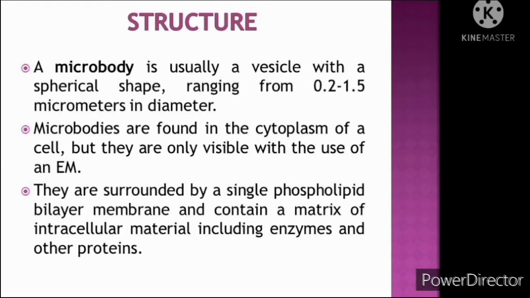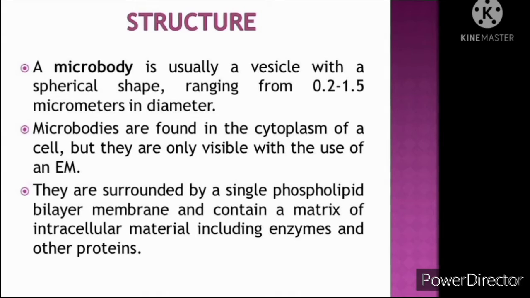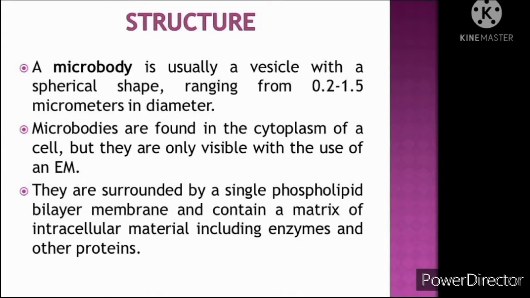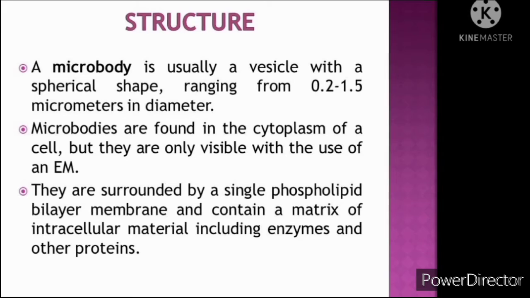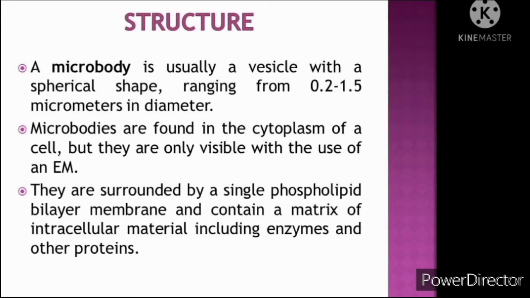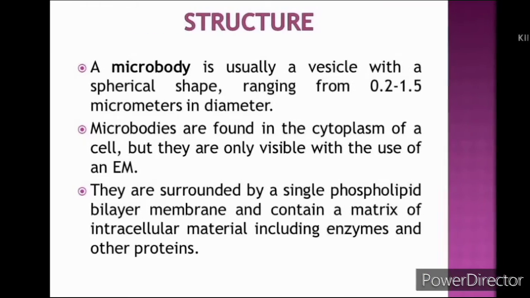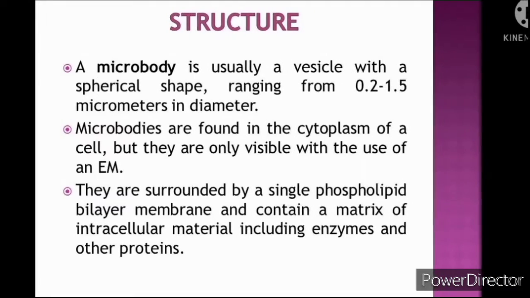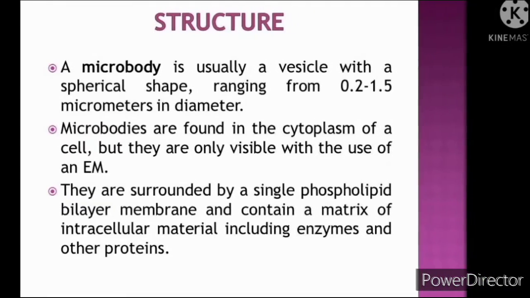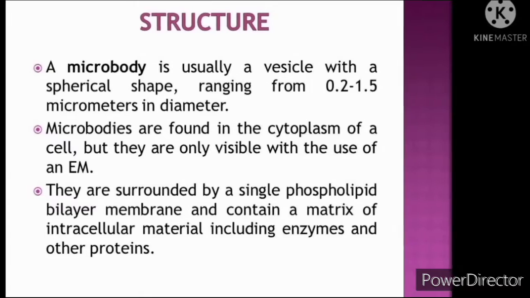Structure: a microbody is usually a vesicle with a spherical shape ranging from 0.2 to 1.5 micrometers in diameter. Microbodies are found in the cytoplasm of a cell, but they are only visible with the use of an EM.